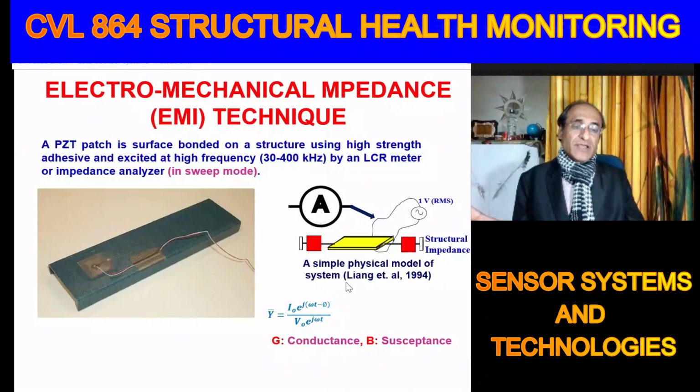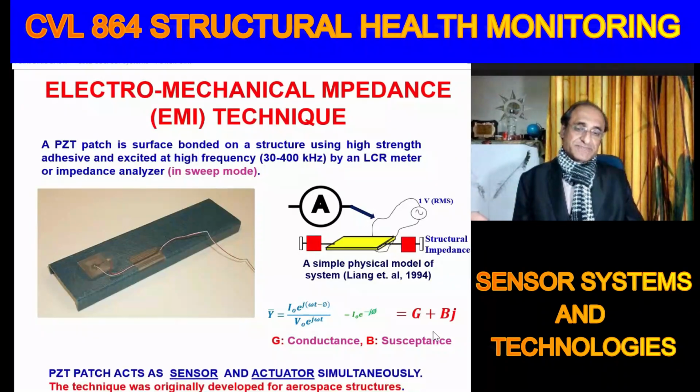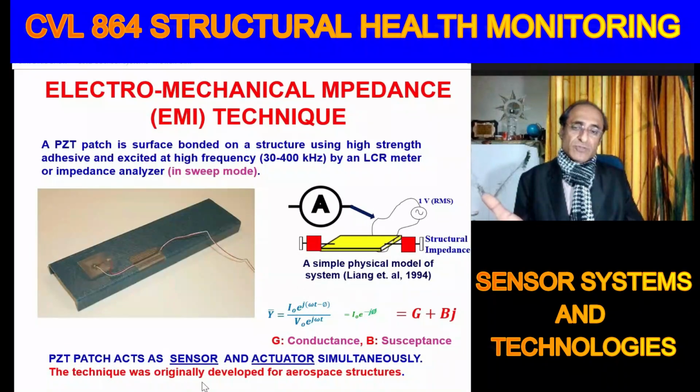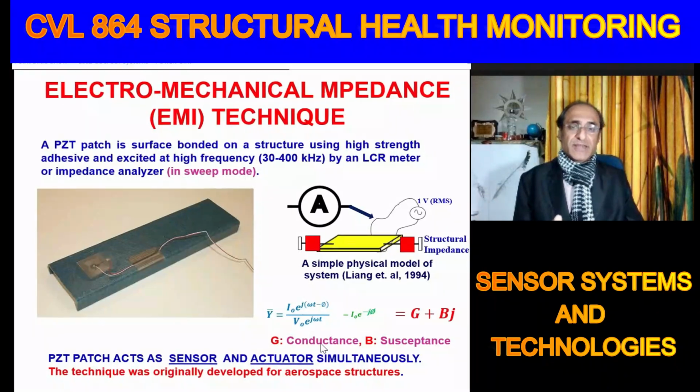So similar phenomena occur here also. There is a phase difference between current and voltage, and we measure it, and because the phase difference is there, naturally we have complex algebra coming in, so it has real and imaginary parts. So here the piezo patch is acting as sensor and actuator simultaneously.